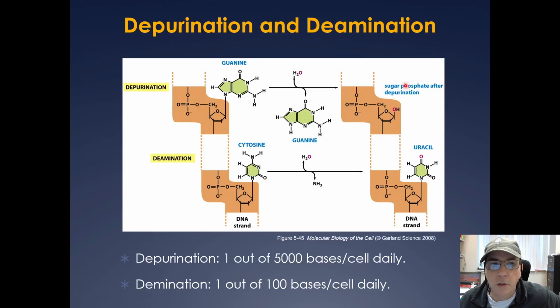So here's a closer look at depurination and deamination. So depurination, once again, the base is going to actually be removed. So in this case, guanine gets cleaved off, and then you're left with your sugar phosphate backbone. In deamination, in the case here, cytosine, the free amine is going to be removed, and what you're left with is uracil, and the O2 comes in and steals the oxygen.